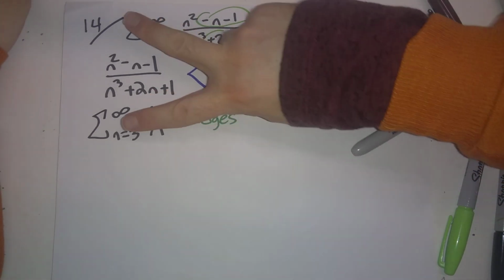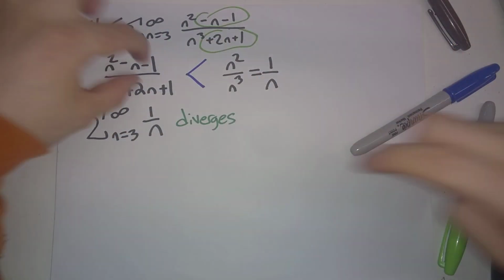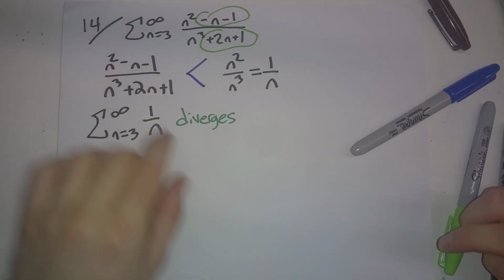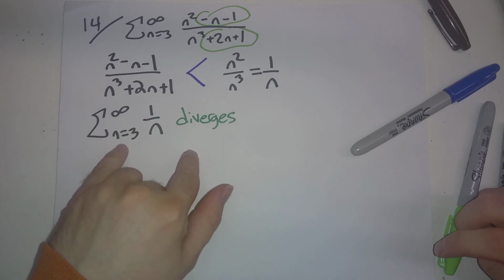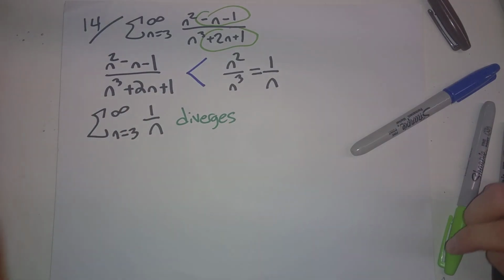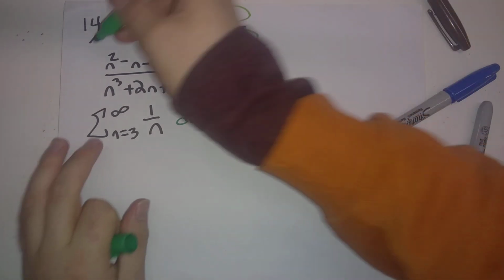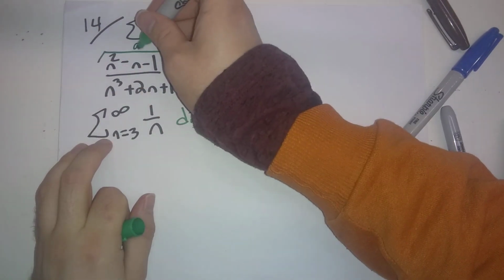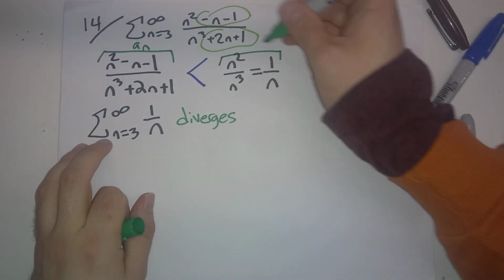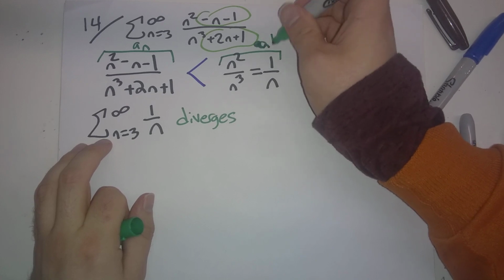If the inequality had been in the opposite direction, if this was bigger than this, then we could say this series is bigger than the series that diverges, and that would be enough to say that it diverges, but unfortunately, we can't use the direct comparison test here. What can we do? We'll have to use the limit comparison test, and we'll call this a sub n, and we'll call this b sub n.